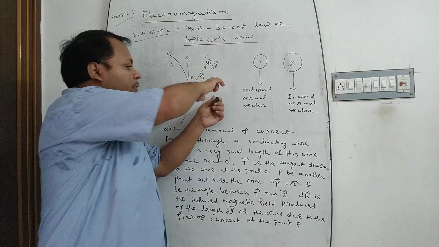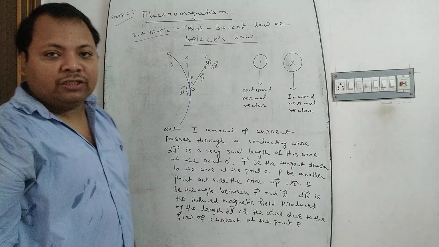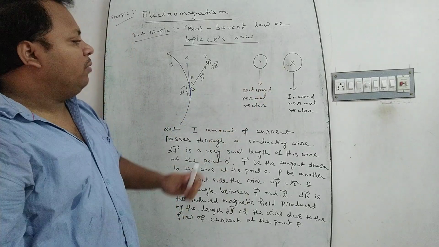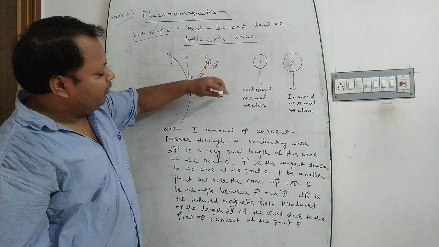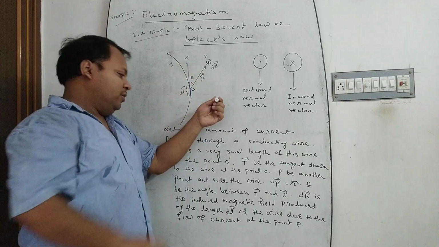This sign denotes the inward normal vector, that is, the induced magnetic field is normal to the plane of the paper and in the inward direction.